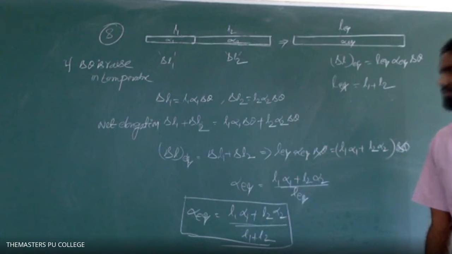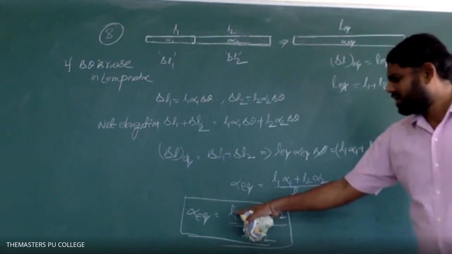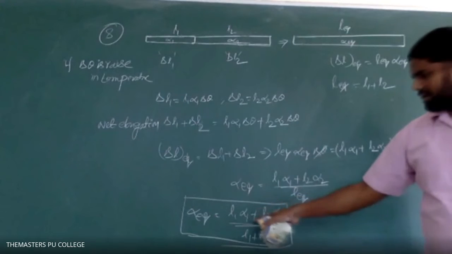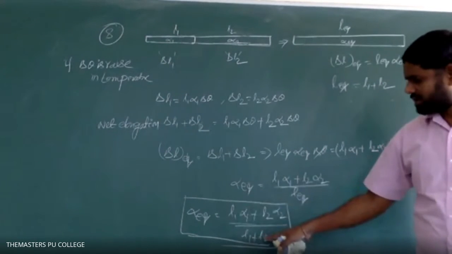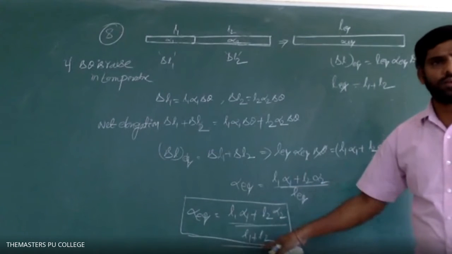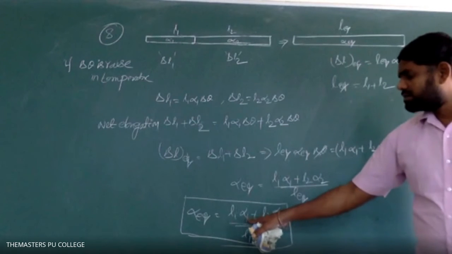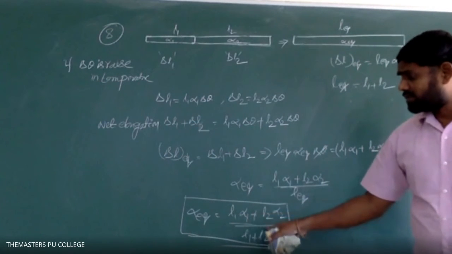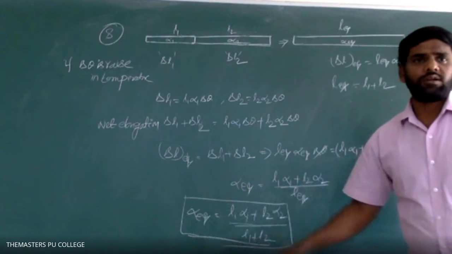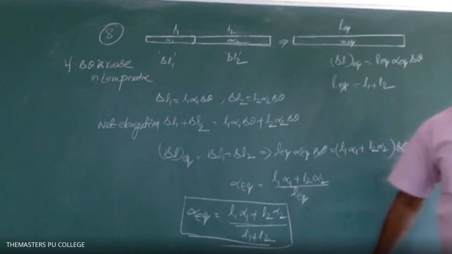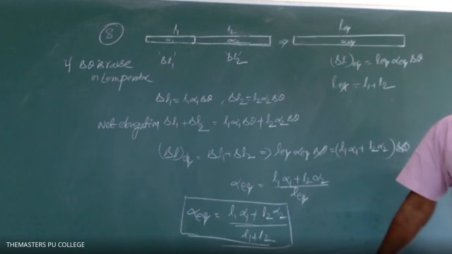Convert it now? Units, no. Here, the third option. Keep the same units, because the numerator has length and the denominator also has length. Centimeter gets cancelled. So we will get the same unit for alpha equivalent also. No need to bother about the lengths.